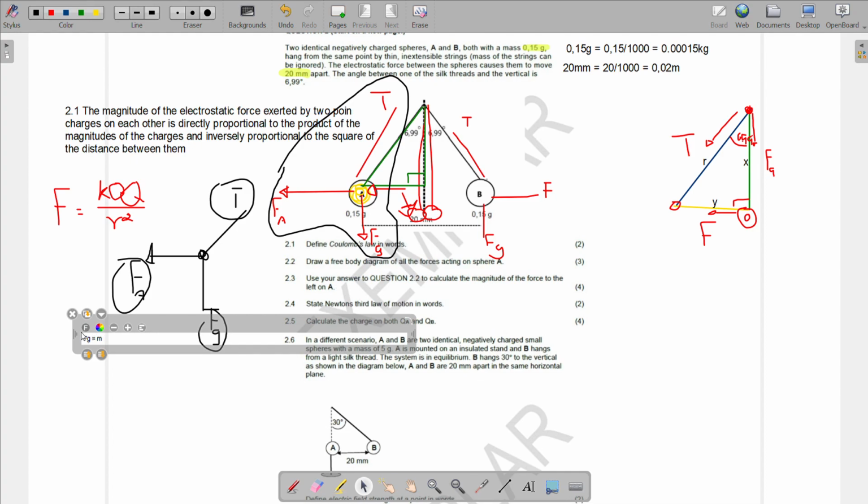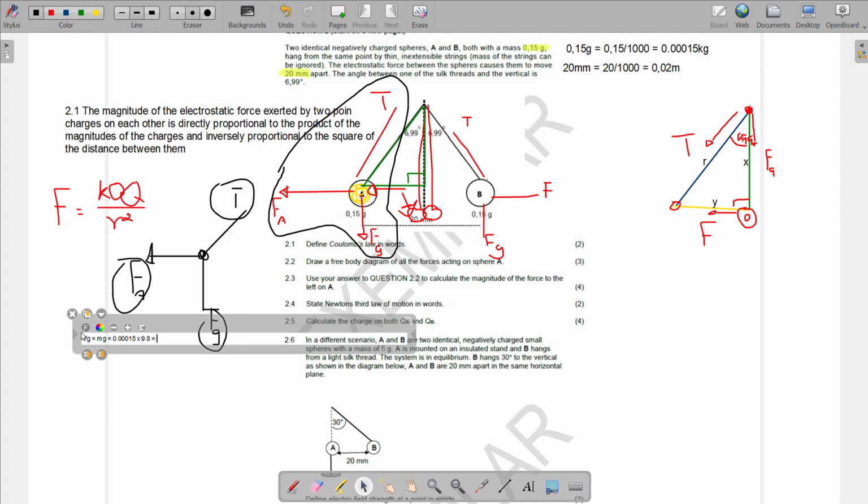is equal to mg, which is simply mass. We converted the mass into the other unit, which is 0.00015 multiplied by 9.8.